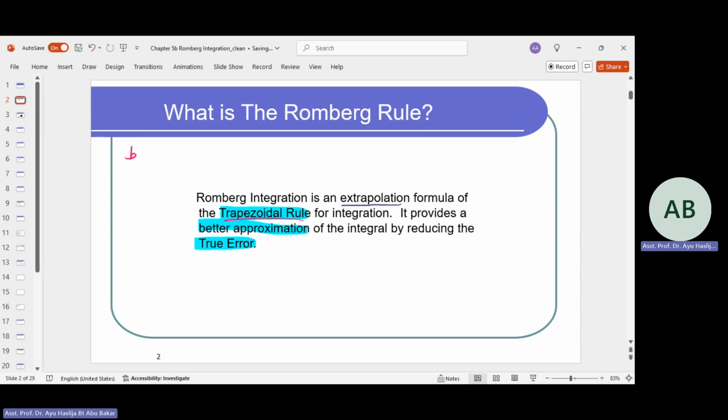As you know, the trapezoidal rule is B minus A multiplied by FA plus FB over 2. It uses this integration formula. It doesn't relate with Simpson at all, only trapezoid. It provides a better approximation of the integral by reducing the true error.